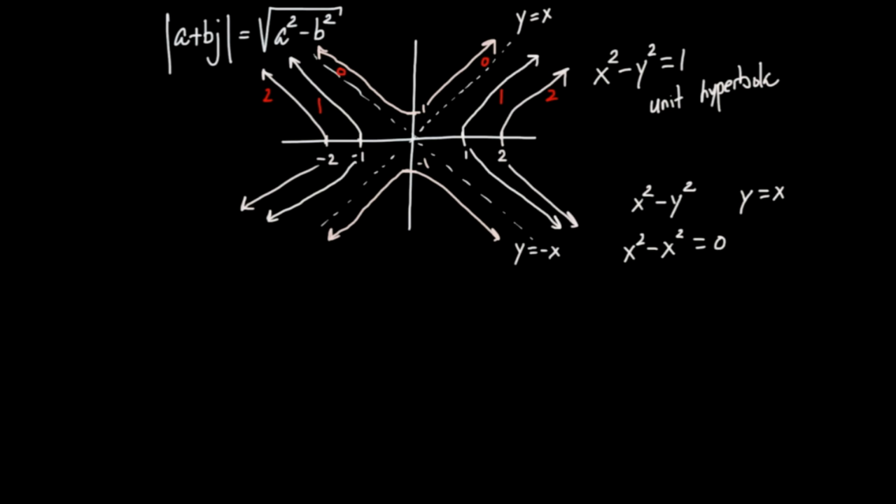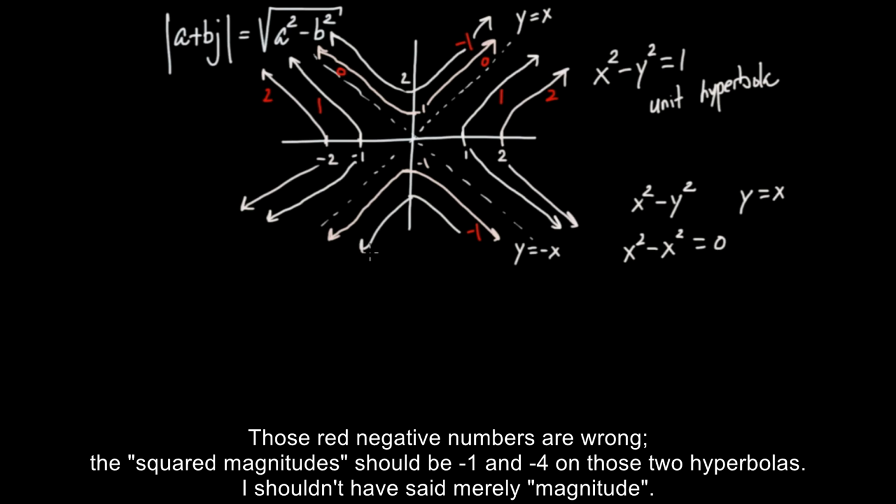Now any point on those two hyperbolas is going to have a magnitude of minus 1 if you do that calculation. And as one last example, I can go in the upward direction as well. Let's say I have a hyperbola passing through 2 up there, and I draw the other branch down here. Any point on those two last hyperbolas is going to have a magnitude of minus 2.